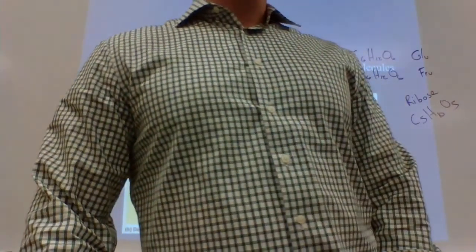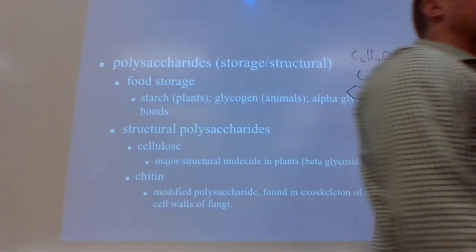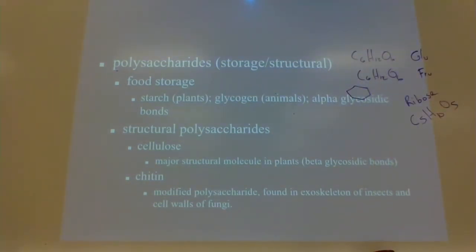So you have monosaccharide, you have disaccharide, and now when you have many monosaccharides together, now you have a polysaccharide. And when I say many, I don't mean 5. I mean you can have hundreds of monosaccharides glycosidic bonded together.